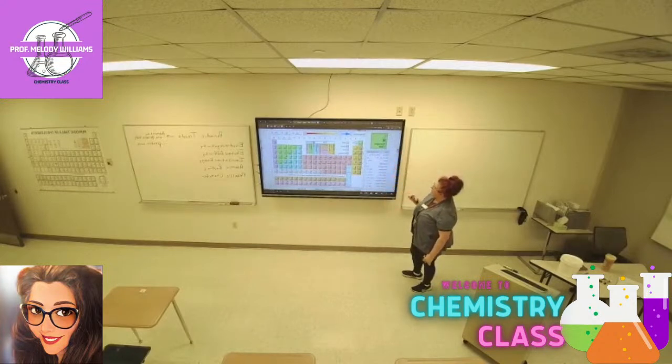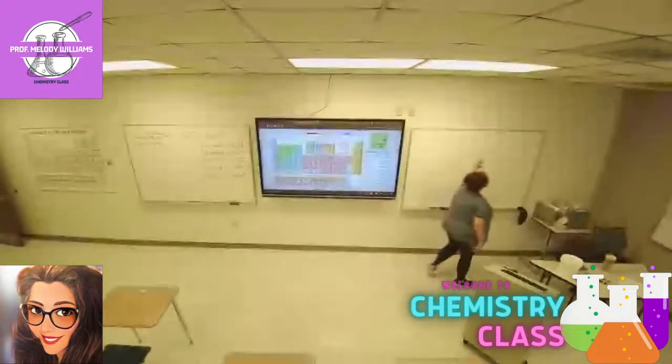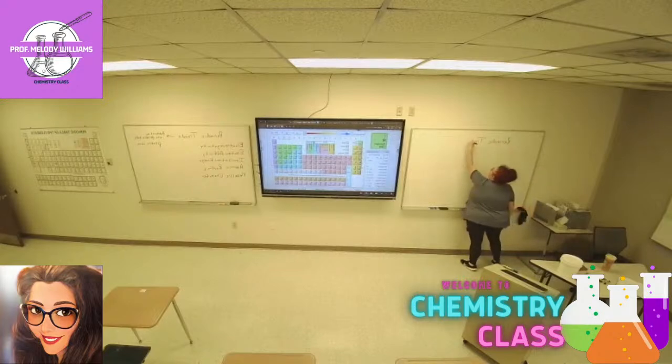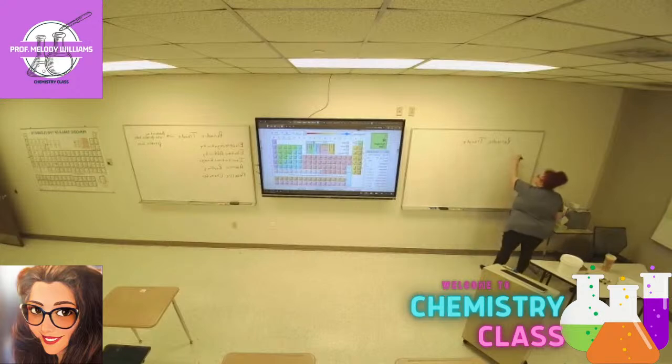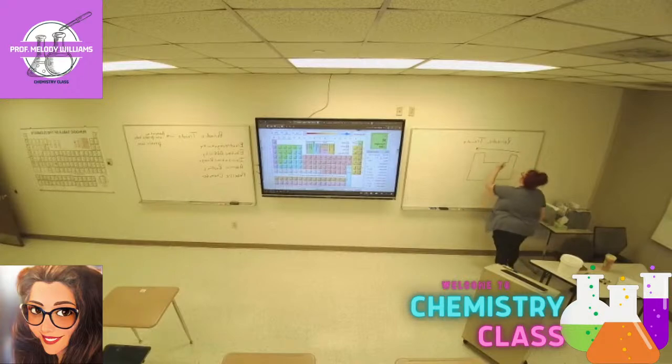Okay? So, when we're dealing with periodic trends, one thing that I like to do to remind myself which direction everything goes, I draw out something that looks like a periodic table. Of course, it's not perfect, but it gives me a general idea of what I'm looking for. So when I move from left to right, wherever the direction's going, it means it's increasing.